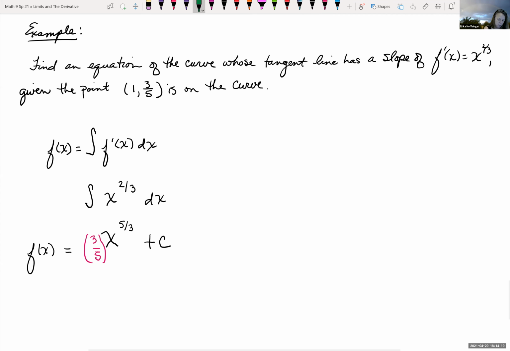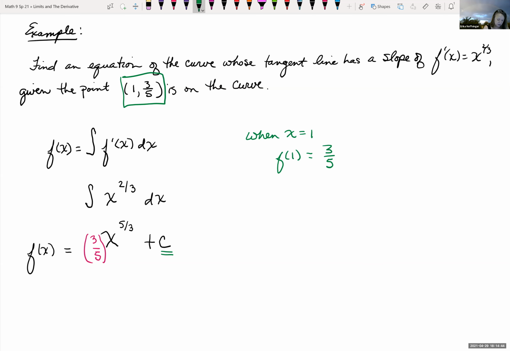We can figure out what c is because we're given that there's this point (1, 3/5) on the curve. So we know that when x equals 1, f of 1, our y value we get back, is 3/5. So we're going to use that fact so that we can find c.